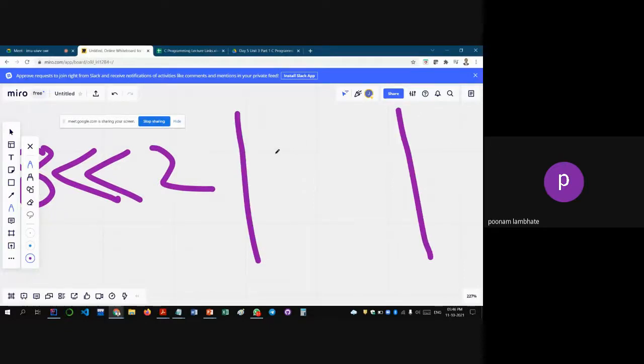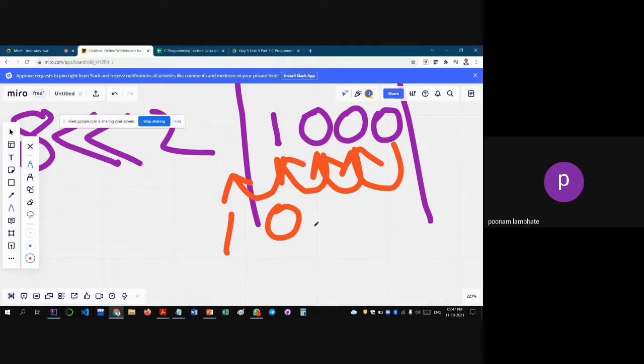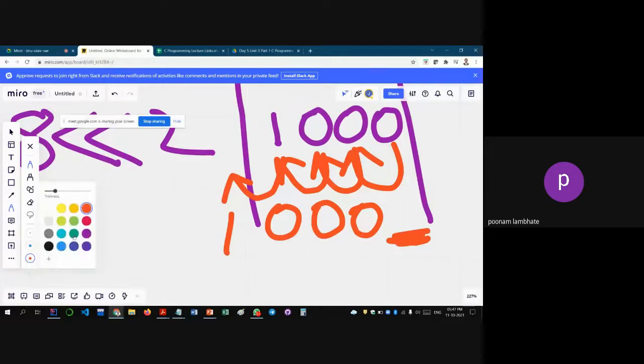Now what is 8? 1, 0, 0, 0. You will shift this towards the left now. Means when you shift it towards the left, this 1 will go outside, this 0 will come here, this 0 will come here, and this 0 will come. So it becomes 1, 0, 0, 0. And wherever you have a blank space, what will you put? Yes, anyone, what will you put? 0. Yes.